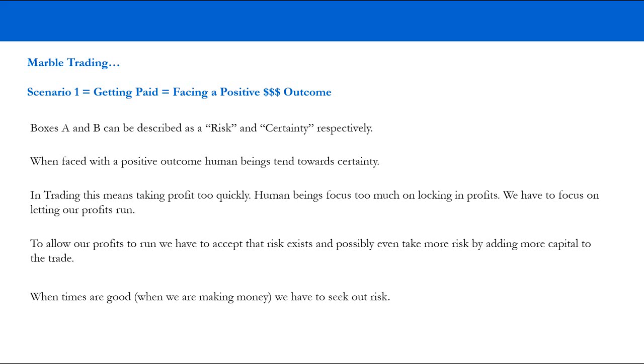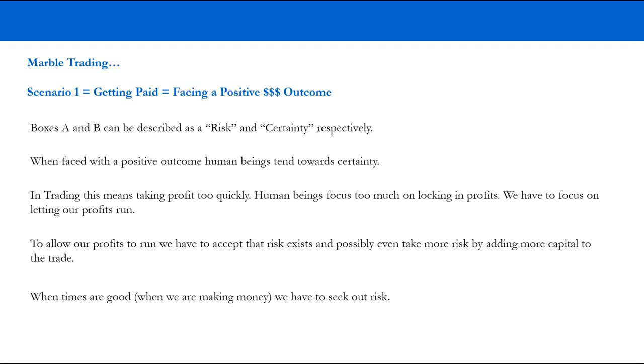There's nothing wrong with being human, but when it comes to trading, portfolio management and money management, we have to actually do the opposite. We have to suppress our urge to tend towards certainty. We have to focus on letting our profits run.